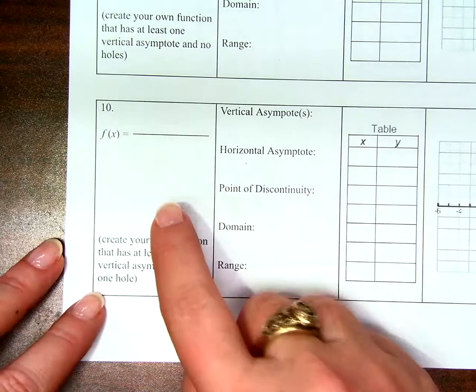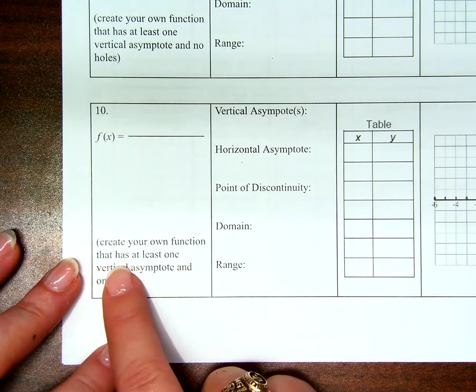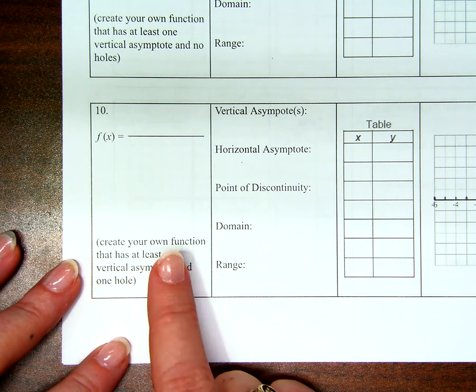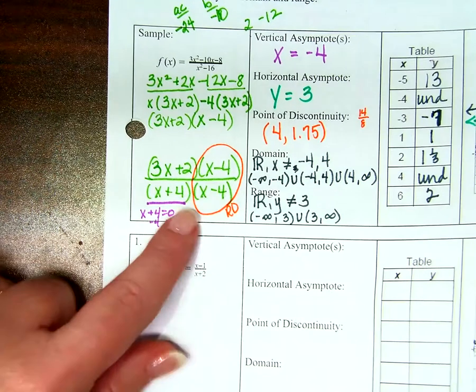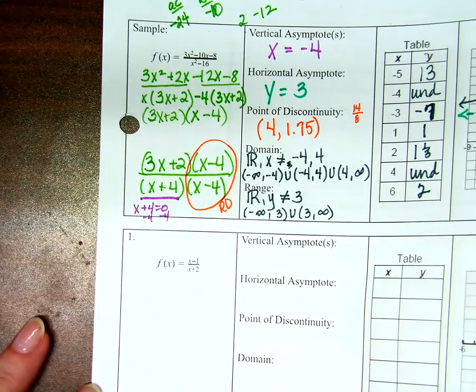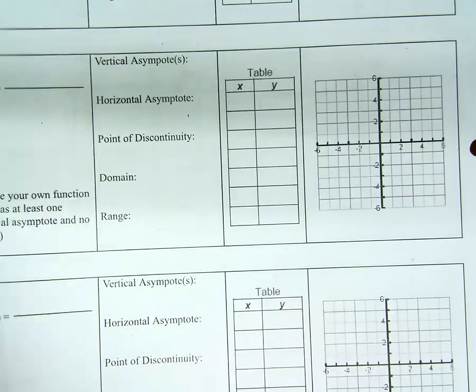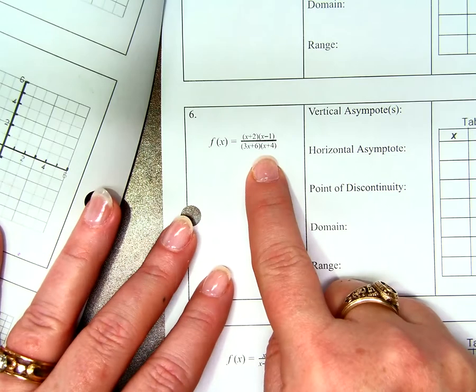Okay, and then look at number 10. Again, you're creating your own function that has at least one vertical asymptote and one hole. At least one. So you are going to have to make sure to have something that cancels out like this. Okay, any questions? I do want to be clear though. Notice number 6.